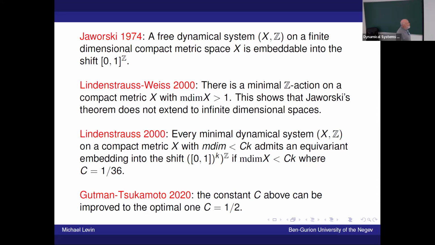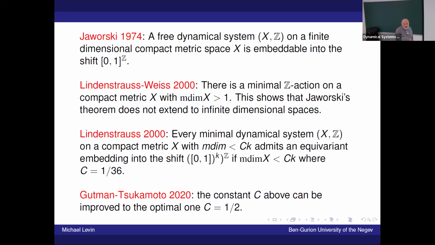It is clear that this result suggests the problem: the restriction about the finite dimension of X is essential. And it turned out to be not a simple question. It had to wait until Gromov introduced the notion of mean dimension, and then Lindenstrauss and Weiss constructed a minimal action on a compact metric space with mean dimension bigger than pi.